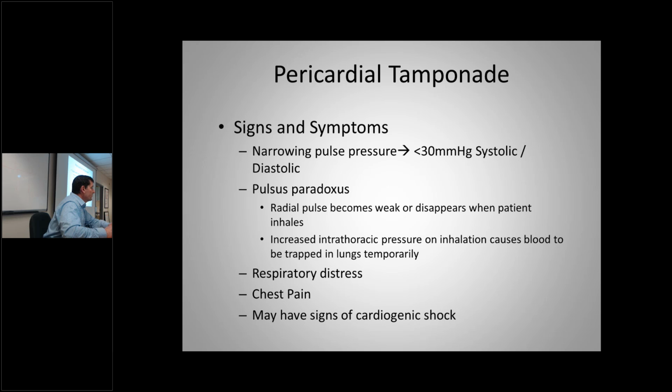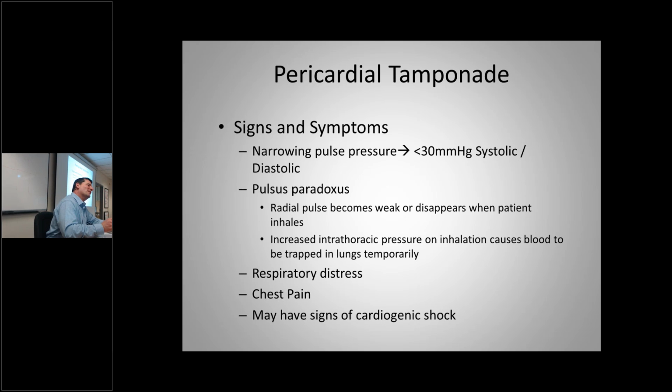Pale, diaphoretic. What's the difference between cardiogenic shock and hypovolemic shock? Cardiogenic is due to the heart not pumping, whereas hypovolemic is a loss of fluid. So how are they going to present differently?